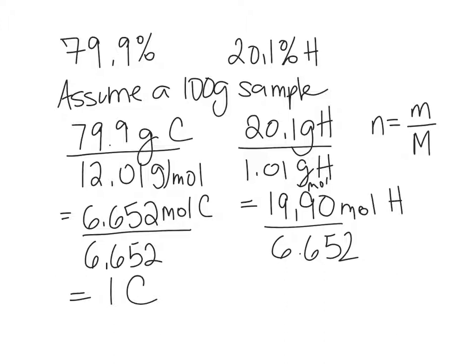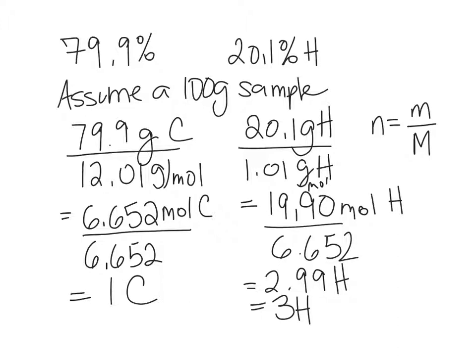Okay, what did we get then for the ratio for hydrogen? Yeah? 2.99. 2.99H. And can we round that off? Yes. So that means for every 1 carbon in our compound, we need 3 hydrogens.